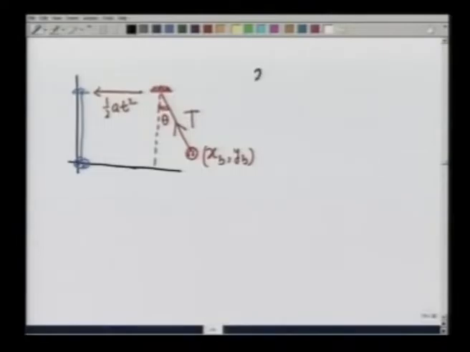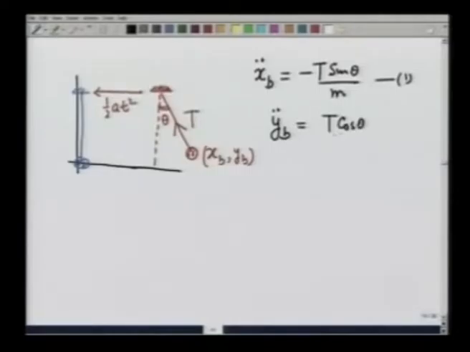I am going to have xb double dot is equal to minus T sin theta divided by m. That is my equation 1. I am going to have yb double dot is equal to T cosine of theta over m minus g.